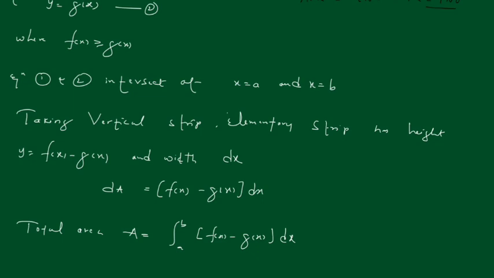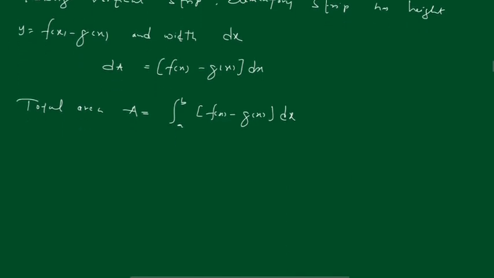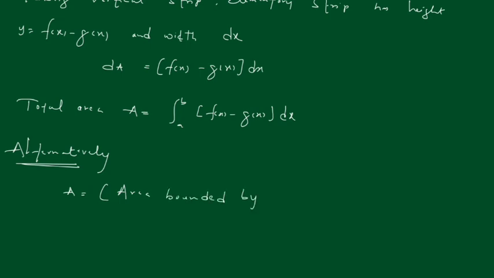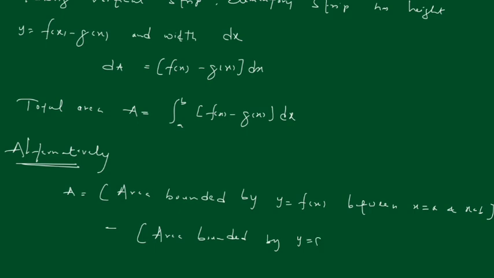Alternatively, one more type, we can say this. That one is the standard form, the integral from a to b of f of x minus g of x dx. Alternatively, we can write the area A as the area bounded by y equals to f of x between x equals to a and x equals to b, minus the area bounded by y equals to g of x between x equals to a and x equals to b.